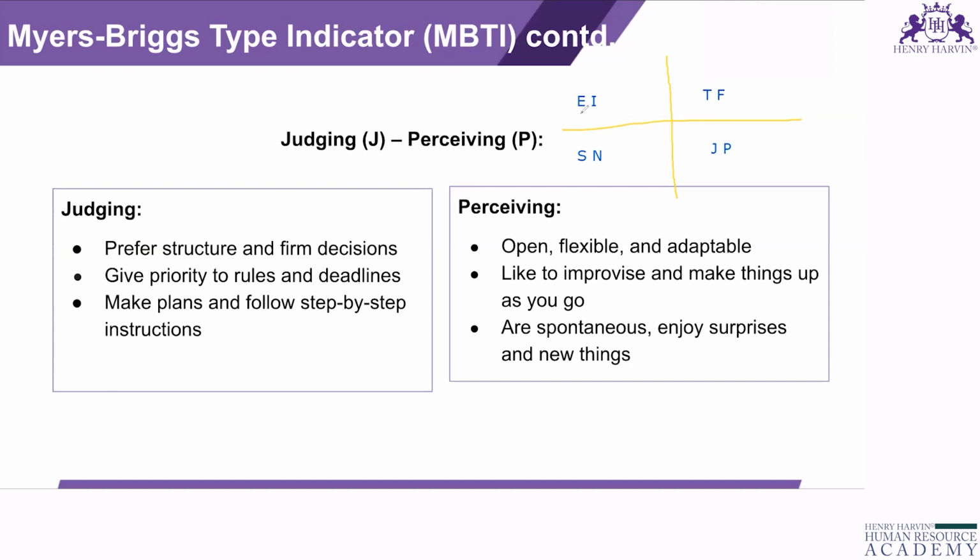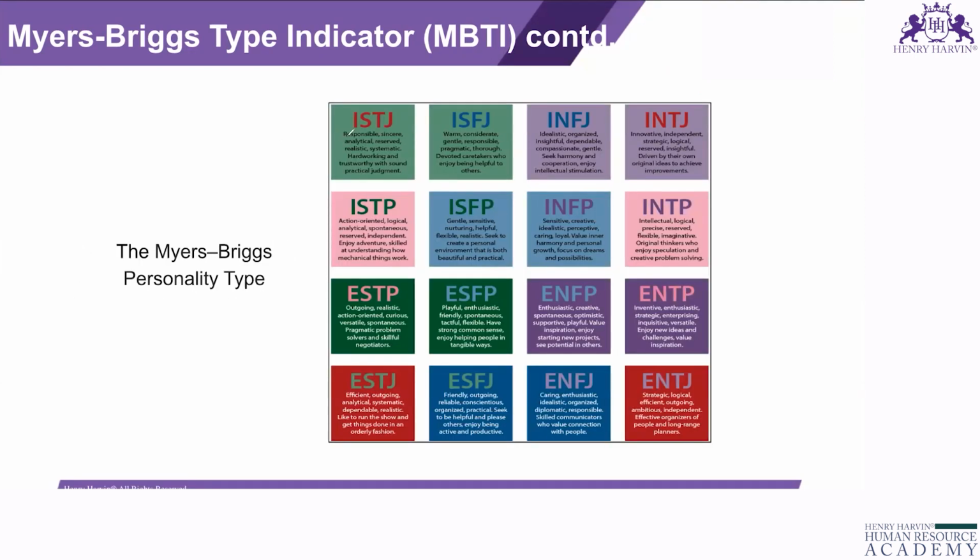From all these four blocks, one individual will get one type from each, like E, N, J, T. There will be different combinations, and based on that there are a total of 16 combinations.